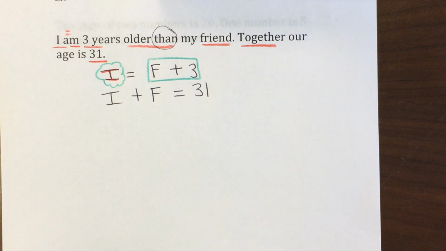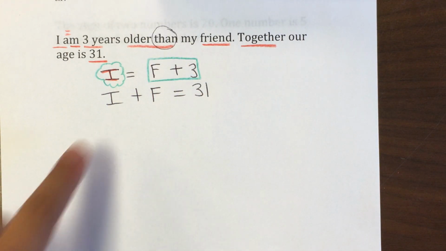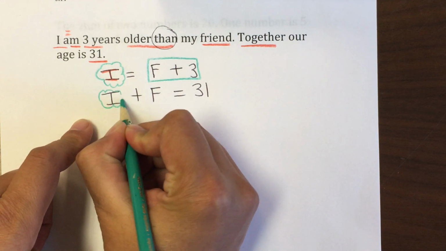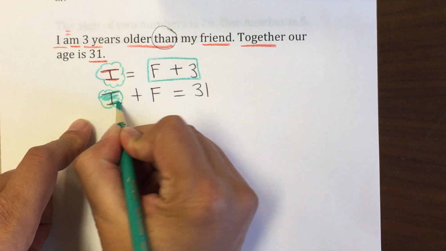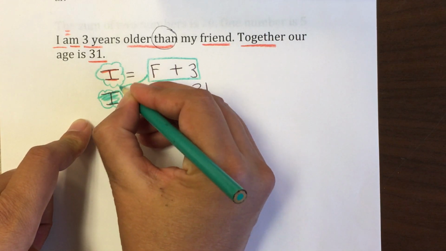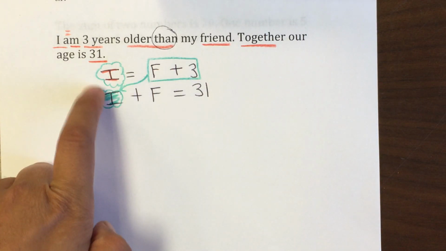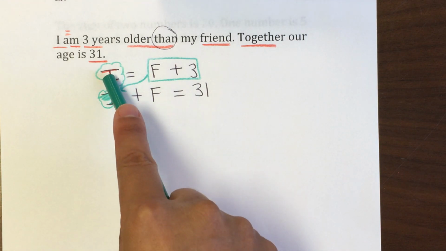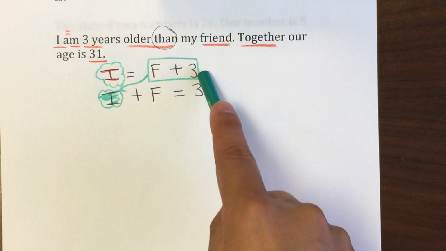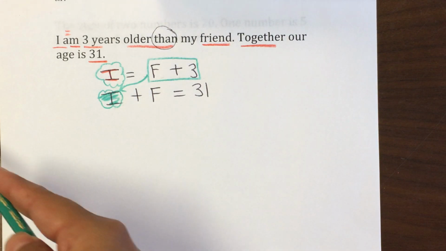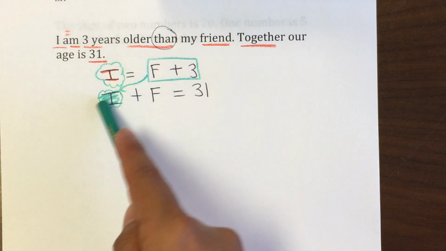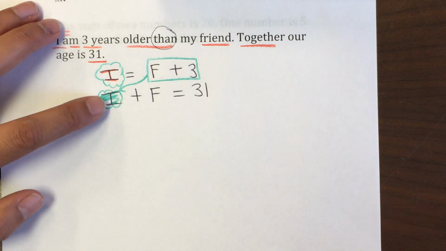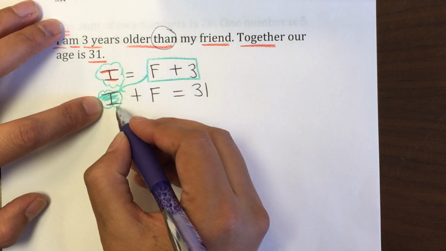And on the other equation, you can just take out your I, and in its place replace the value of that variable. Why? Because it's just like saying $20 equals 10 plus 10. So I can take away the $20 and replace it with the 10 plus 10. Okay? So let's do that.